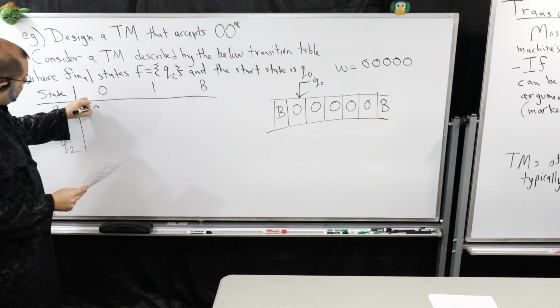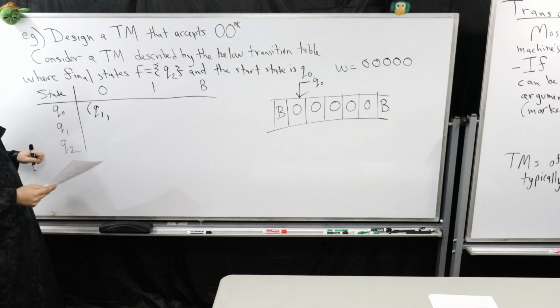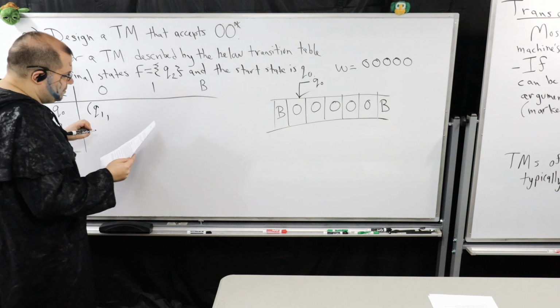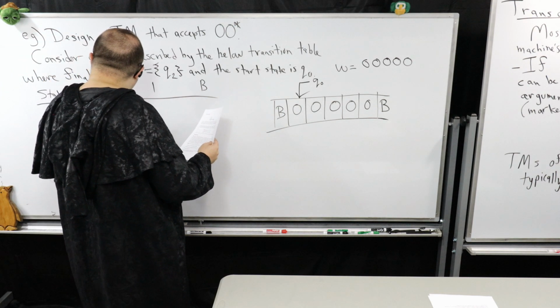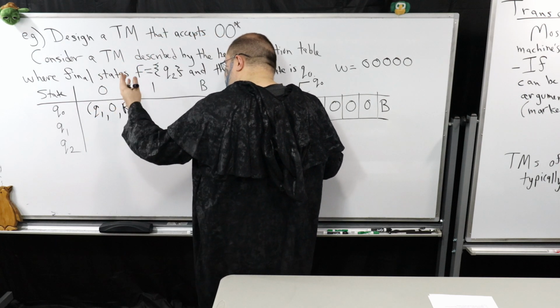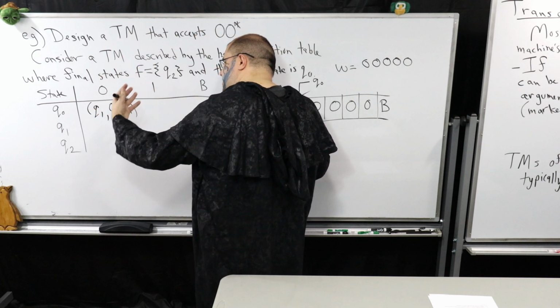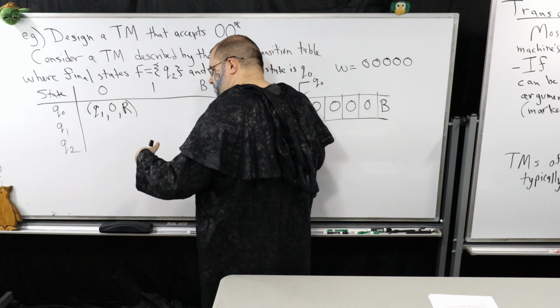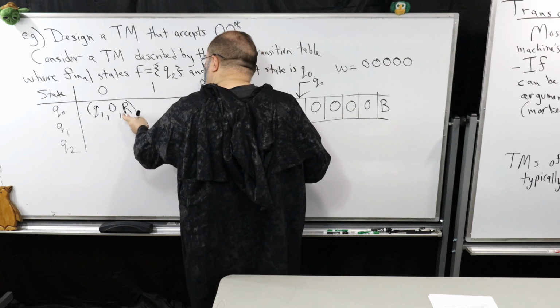I suggest that we move to Q1, which is going to read more zeros, because it could be 0 or more. So the machine goes into state Q1, writes the 0 as 0, and then moves right.